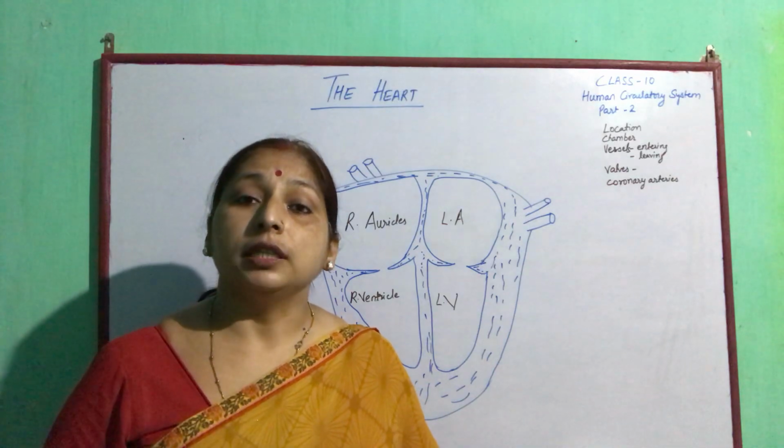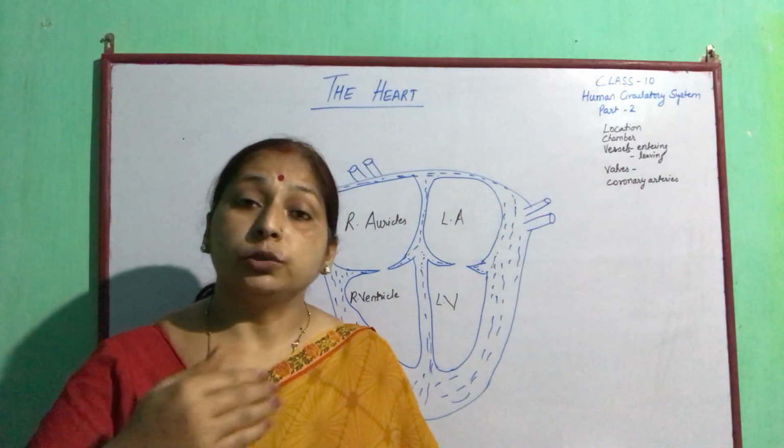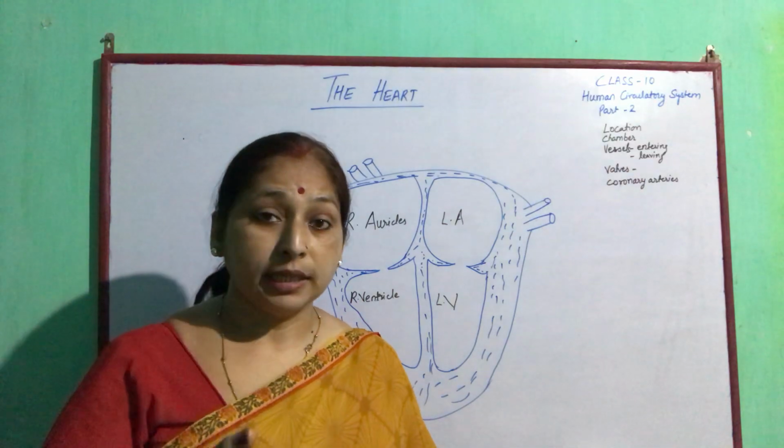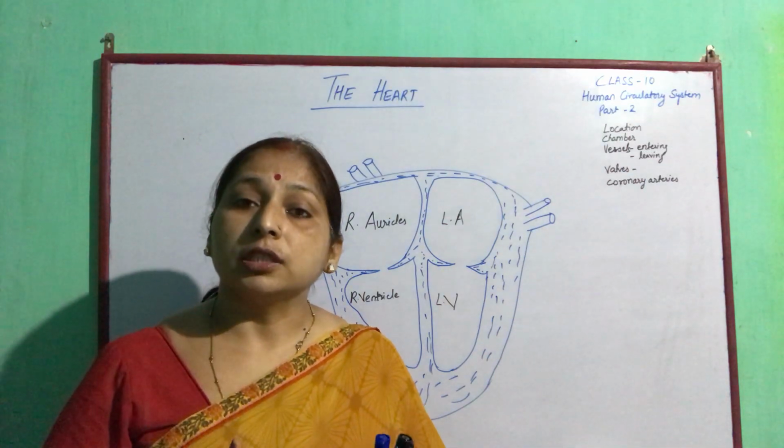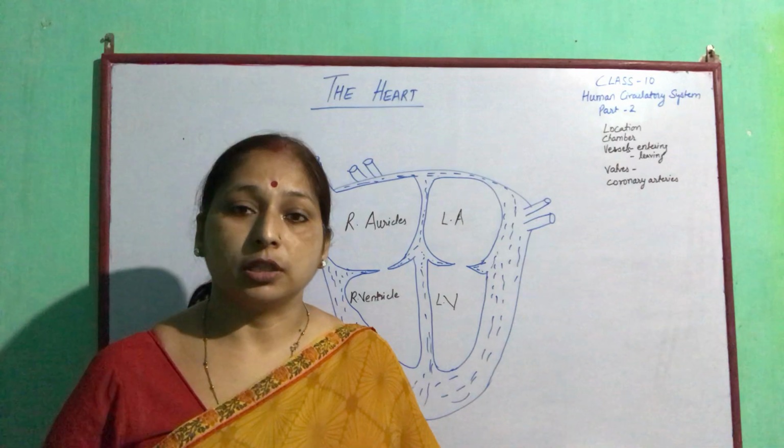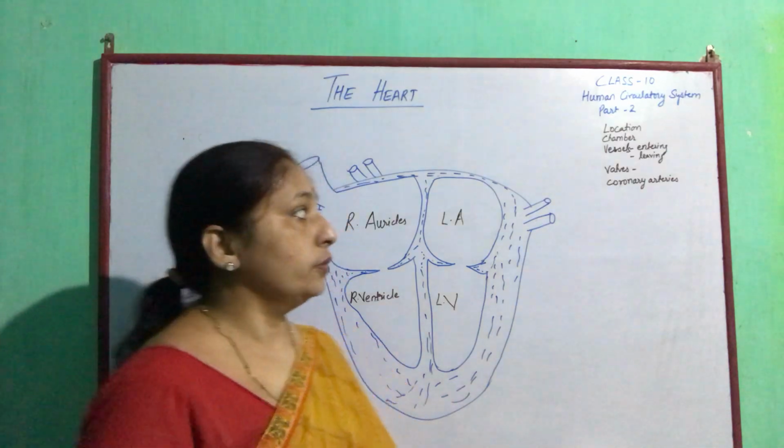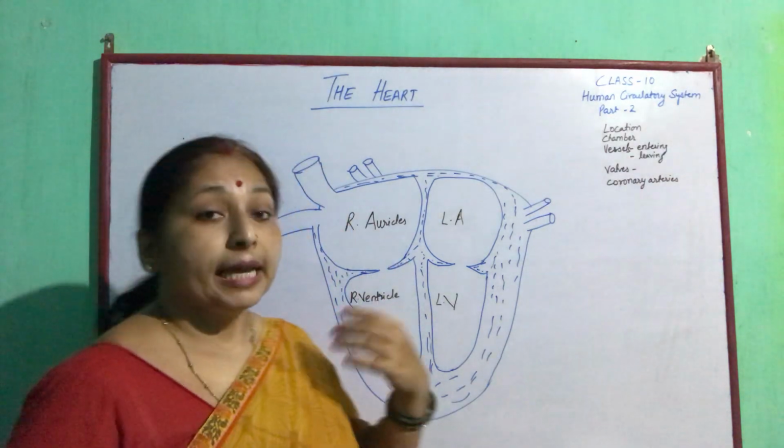The function of the heart is pumping to nearby places and to distant places, and what are the structures that support this function. So let's begin with the first term, which is location.